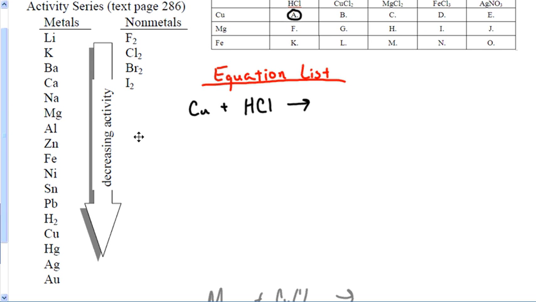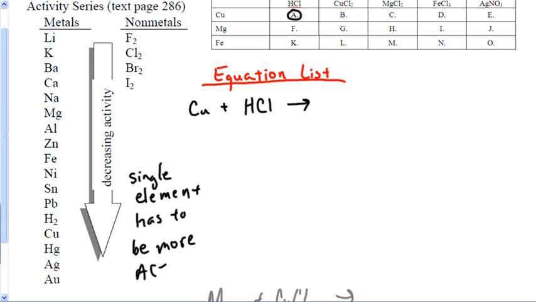For something to react, the free element, the single element, has to be more active. So, in other words, what I am referring to here is that the free element has got to be higher on this list than what it's trying to bond with.